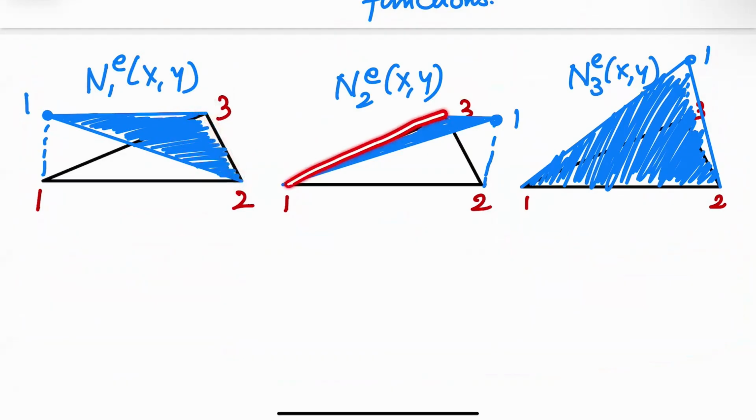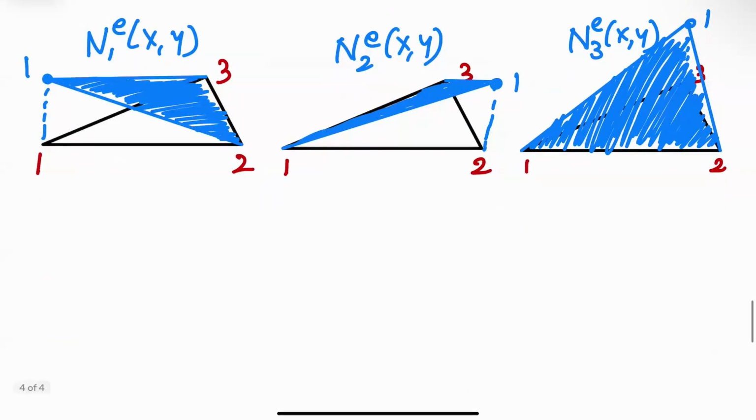Similarly, at this edge, there is only contribution from this node and this node, because this node goes down to 0 by the time you get to that edge, which means that the value at this edge only depends on these two functions. Since this edge is shared by other triangles in this mesh, its value doesn't depend on the value at this node or another node in another triangle, right? So it maintains continuity. Since it doesn't depend on the value of these two nodes, it only depends on these two. This function is continuous across mesh elements, just because of the way we've chosen the basis, or chosen these triangles.